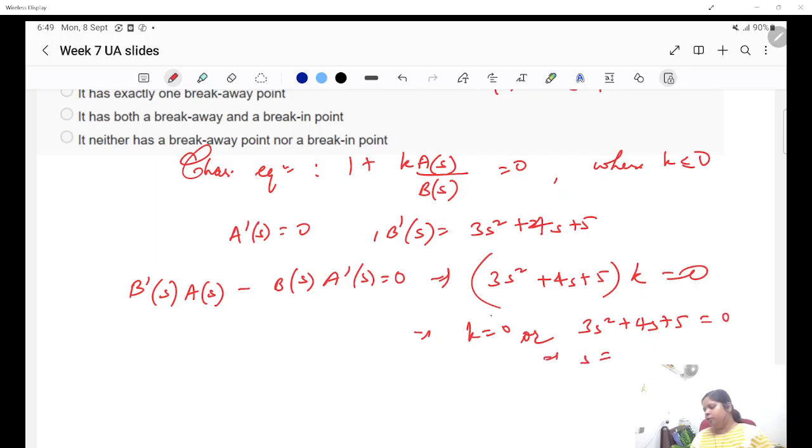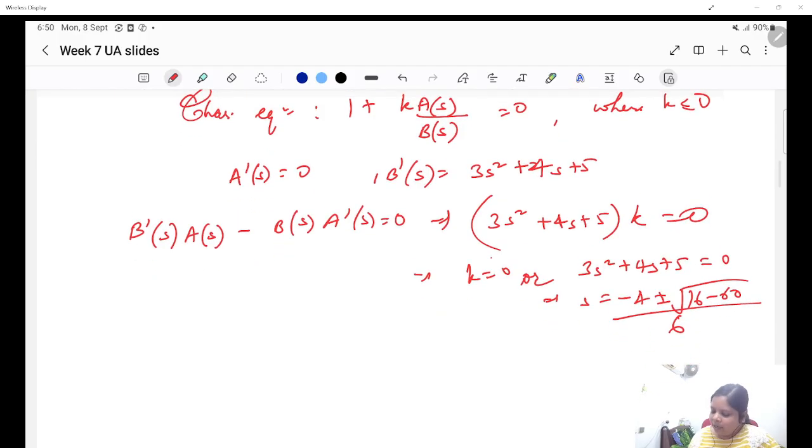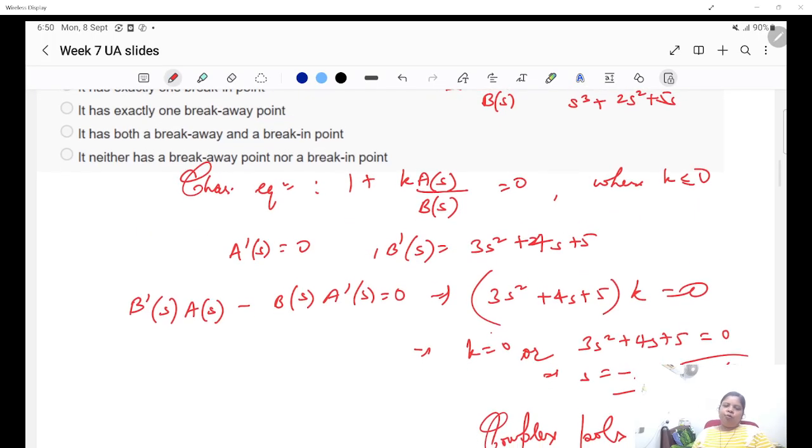From here, if you try to find the roots of this equation, you get minus 4 plus minus root of 16 minus 4ac, that means 4 threes are 12 and 12 fives are 60, upon 2a, which is 6. From here you can see that you'll get complex roots. Now it is very clear.